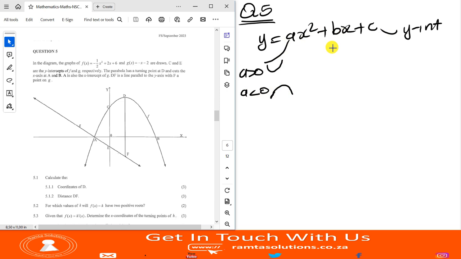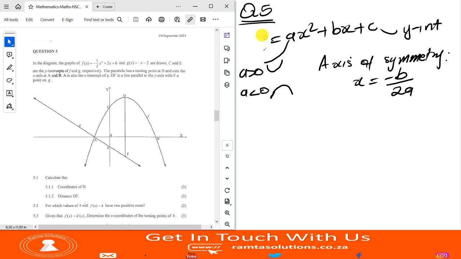So when we are given our function in this way, to find the axis of symmetry, we will say x is equal to -b over 2a. Allow me to call this f of x, it's easier that way. So your axis of symmetry will be negative b over 2a.